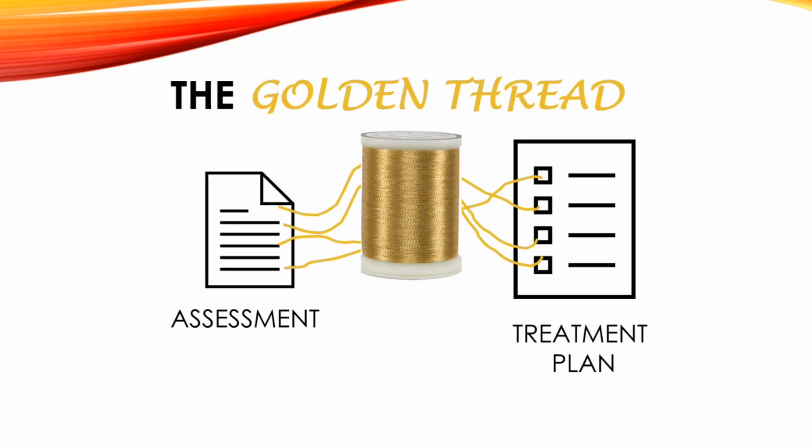So if we determine that a person's level of severity is really, really high in dimension 3 and not very high at all in dimension 2, then it's going to be much more important that we're putting our time and attention into providing the client treatment services that address dimension 3 than it is that we spend a bunch of time on dimension 2. So remember as we go along that the golden thread persists throughout, right?